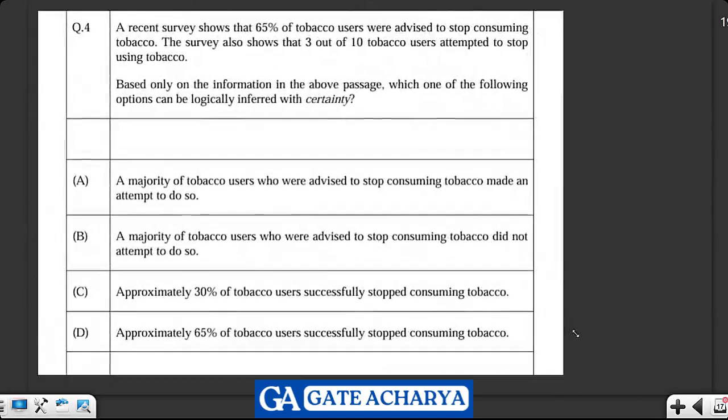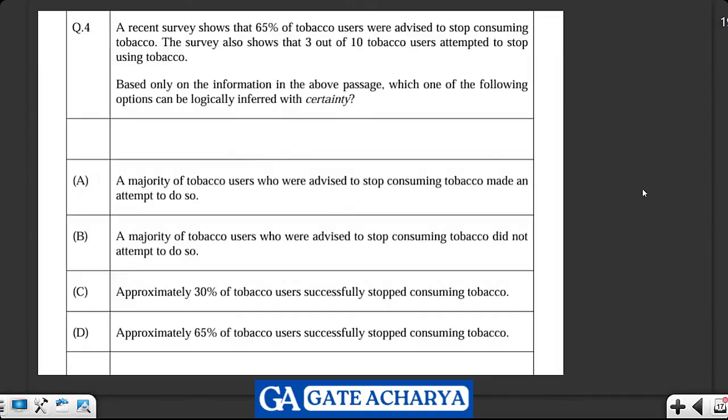What it's saying is, a recent tobacco survey shows that 65% of the tobacco users were advised to stop consuming tobacco. So out of 100 people, 65 people were advised to stop consuming. The survey also shows that 3 out of 10 tobacco users attempted to stop using tobacco. Based only on the information in the above passage, which of the following options can be logically inferred with certainty?